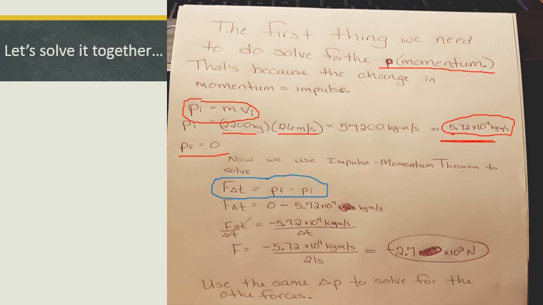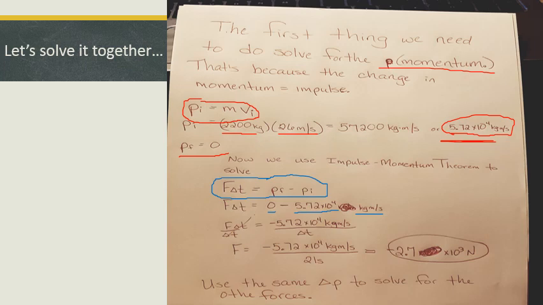So, we're going to use force times the change in time equals our change in momentum. The final momentum minus initial momentum. So that's going to be 0, because that's where we're stopped, minus the 5.72 times 10 to the 4th kilogram meters per second.